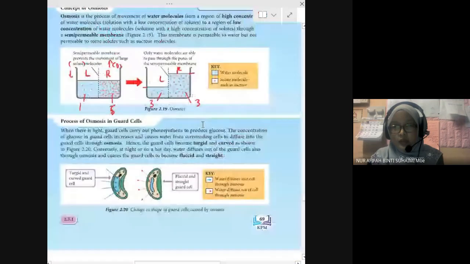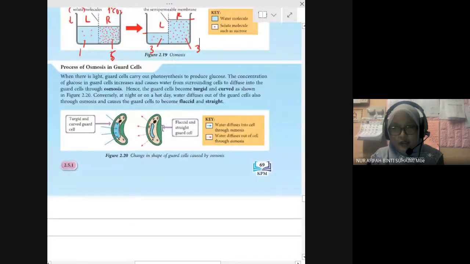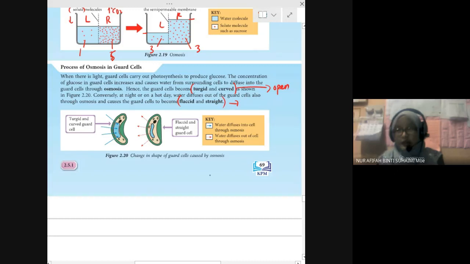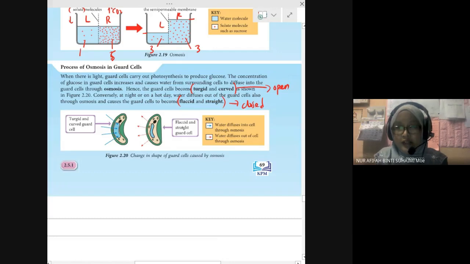So, the process of osmosis in guard cells, like we have learned. This one shows the shape of the guard cell when the stoma is open, and this one for the closed stoma. The guard cell becomes flaccid and straight, and the pore is no longer visible.